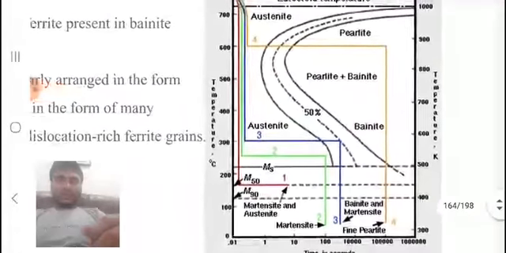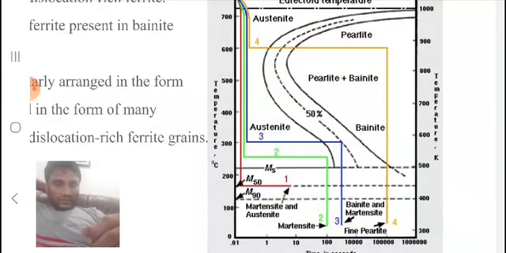This is the main diagram for the transformation of all the microstructures.